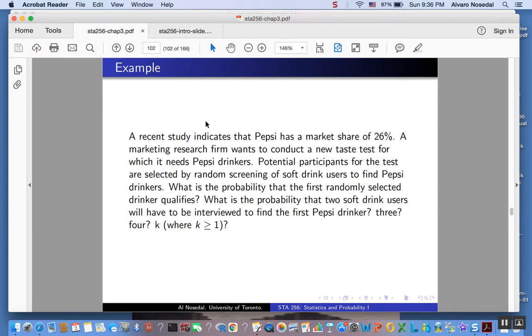A marketing research firm wants to conduct a new taste test, and for that test they need Pepsi drinkers. So what they will do is screen the population of soft drink users and identify among them Pepsi drinkers.